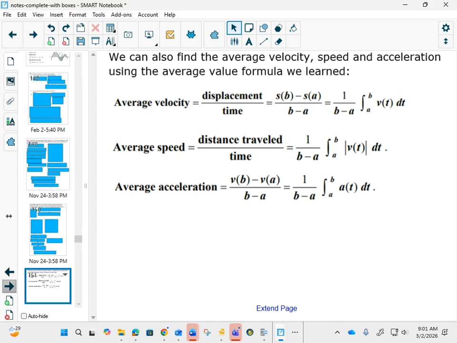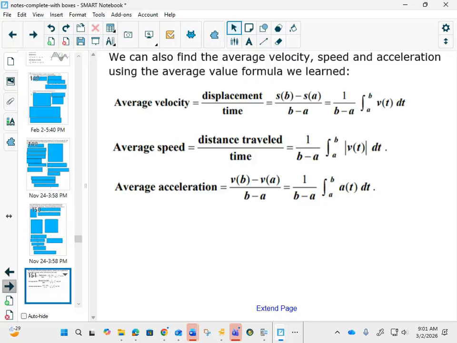Okay. Now we've got a couple of new formulas for averages. We have old average formulas, and we found out that we can also find the average of something from the integral.